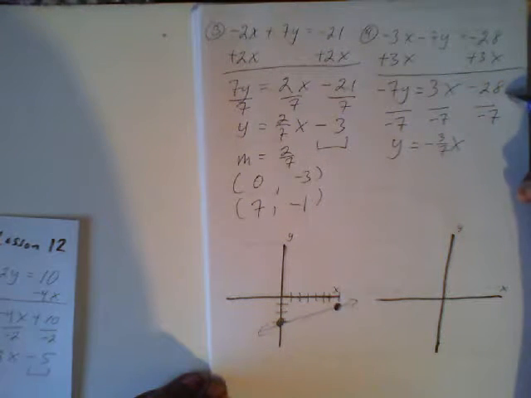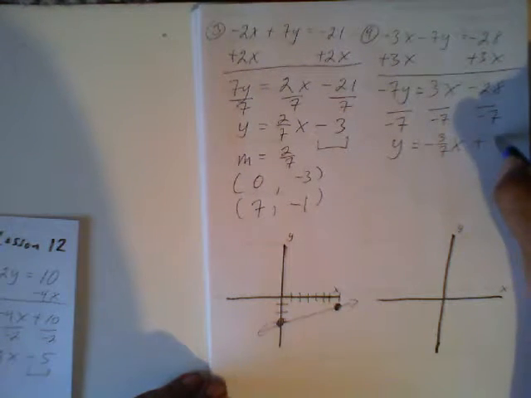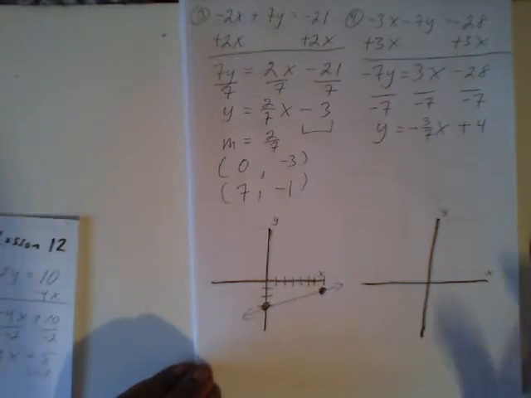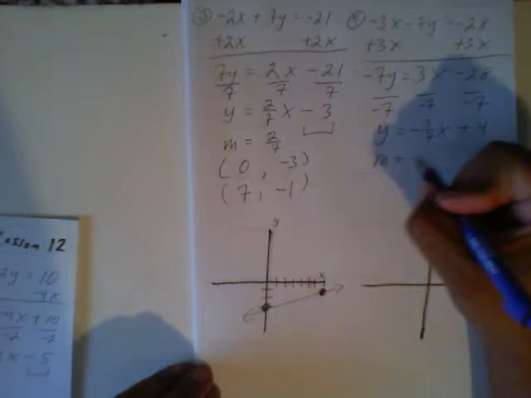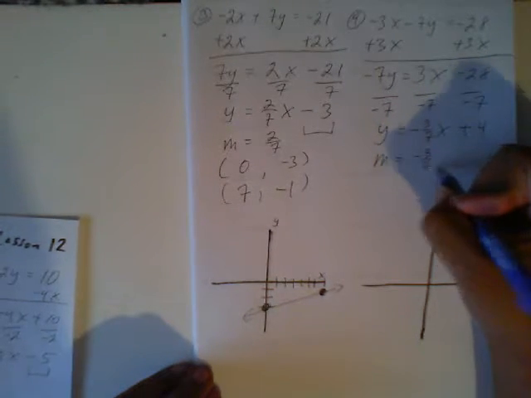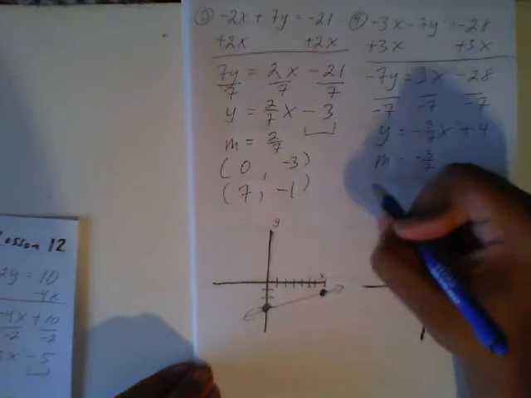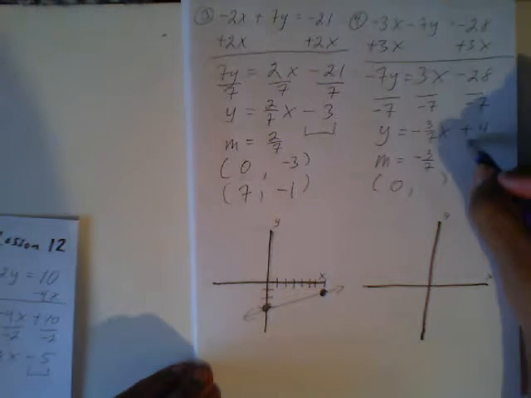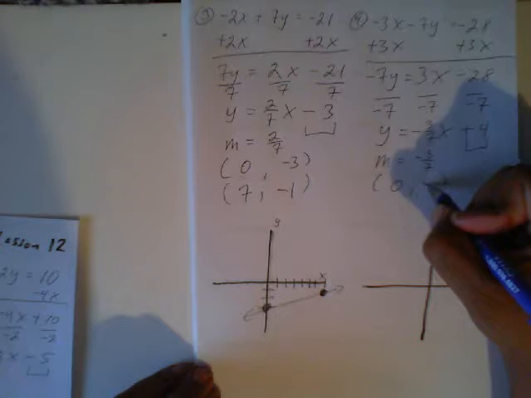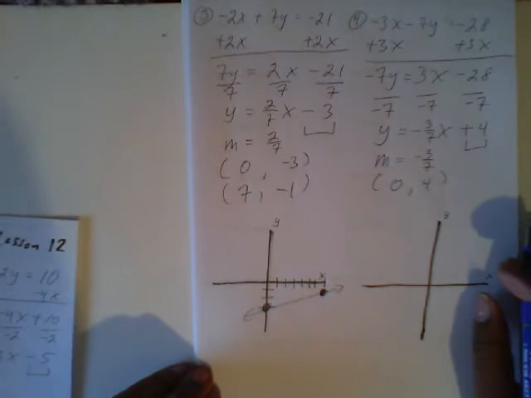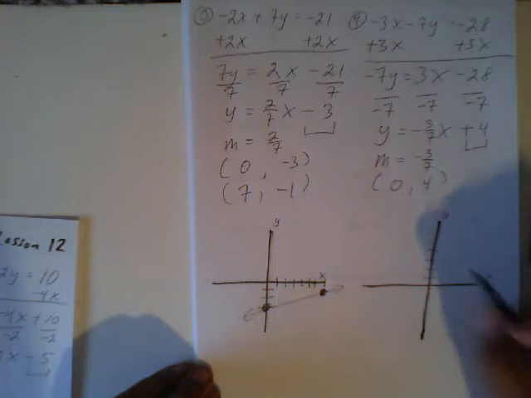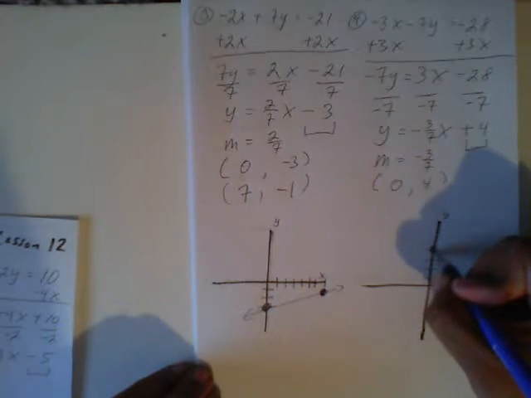And -28 divided by -7 leaves us with a +4. Okay. So my slope is going to be -3/7, whereas my y-intercept always has x equals 0 and 4 here at the end for my y-intercept. So 0, 4, 1, 2, 3, 4. And this is 0, 4.